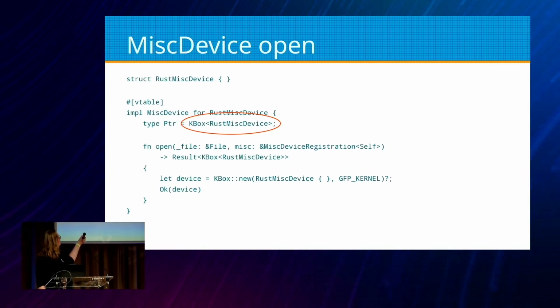And a box is kind of interesting. That's the simplest possible data structure that has allocation. All it does is that it makes an allocation and puts one instance of some type in it. Right, so this is a KBox, so that means it uses kmalloc. So this is a pointer to something allocated with kmalloc that contains one Rust misdevice. That's what we're going to put in the private data.